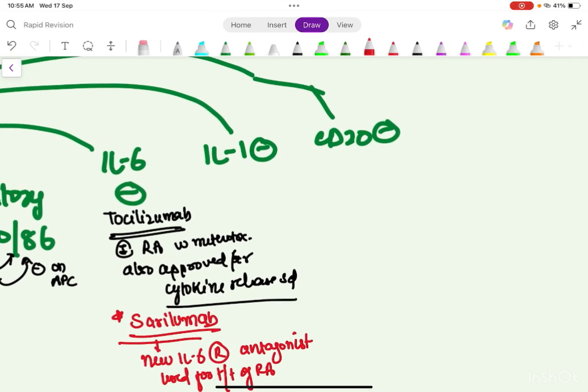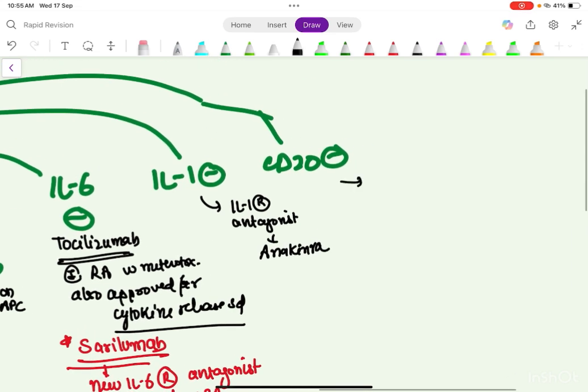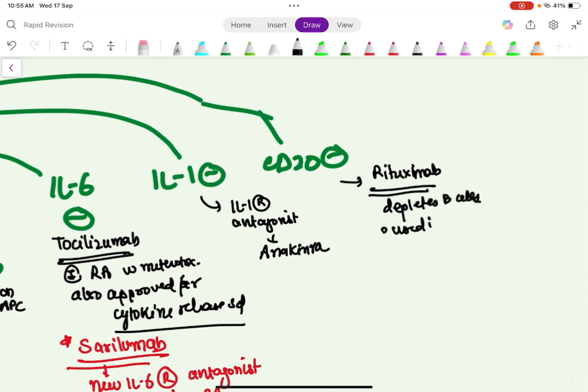Then IL-1 receptor, in this you have the IL-1 receptor antagonist, that is anakinra. Then in CD20 inhibitors you have rituximab. This basically depletes the B cells. It is used in combination with methotrexate.